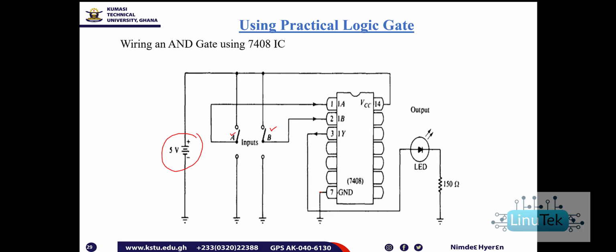So pins 1 and 2 are inputs to the AND gate, and pin Y is an output which is connected to an LED.